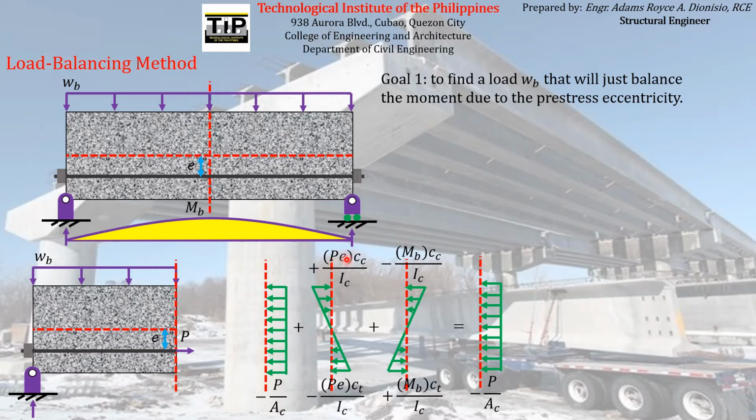So since they just have equal magnitudes but opposite directions, they will just balance each other, as well as the stresses below the neutral axis. They will just cancel each other.